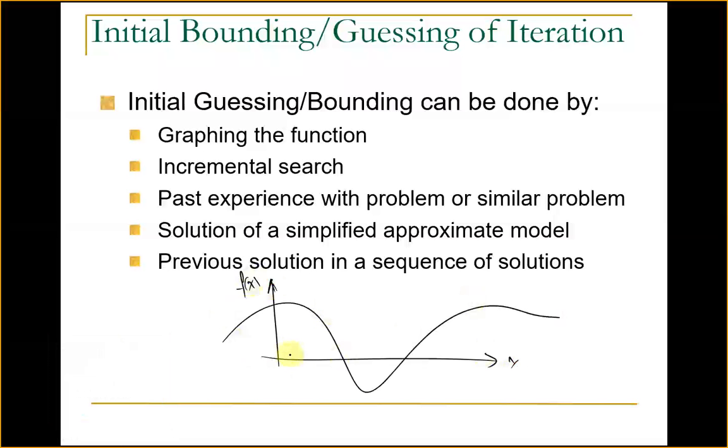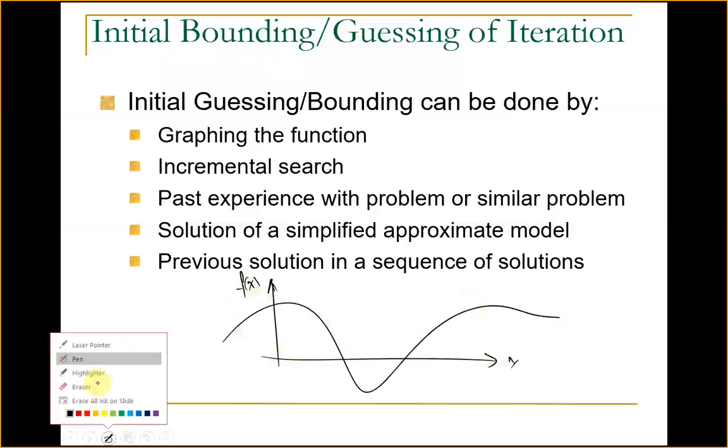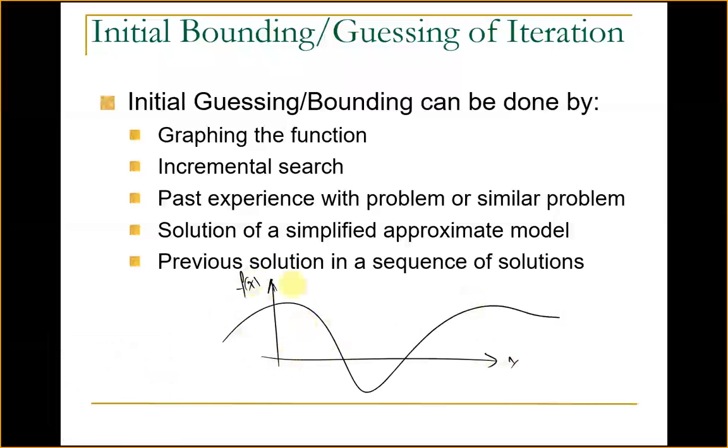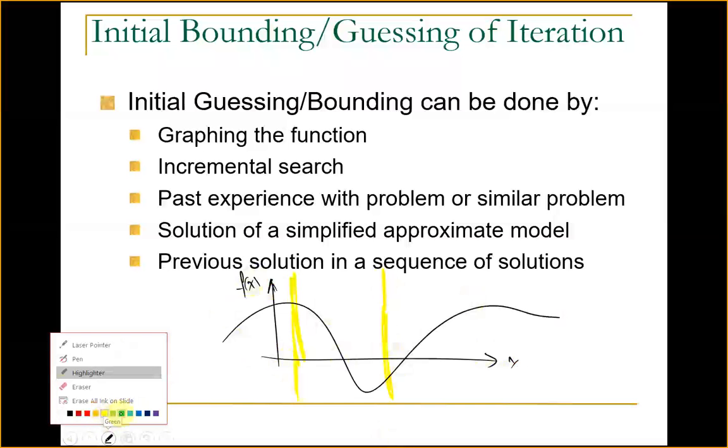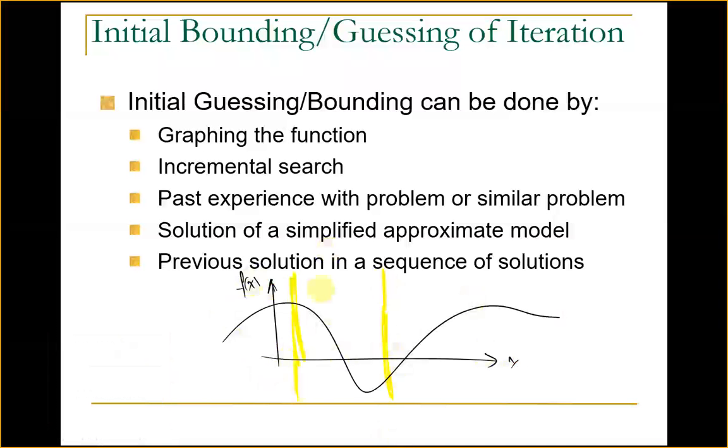So bounding says I know my answer is between here and here. That's how I bound. Okay? It's called bounding. That's one way in which you establish your initial guess. Or I could alternately guess another way. I'm going to say this value is my initial guess for x.